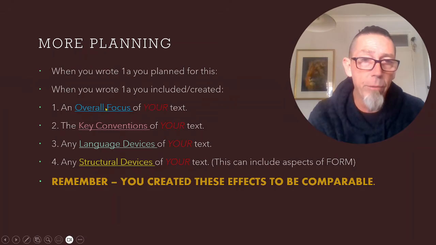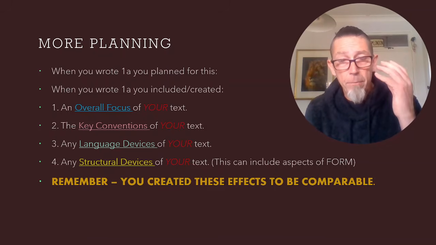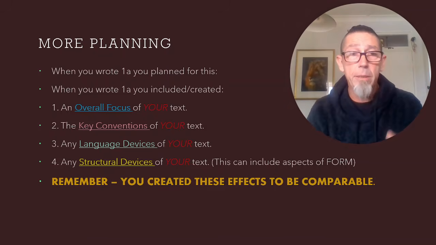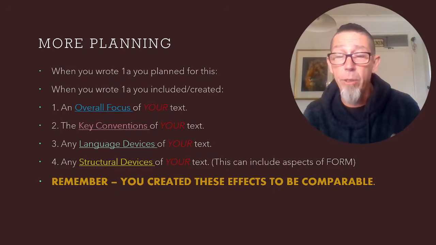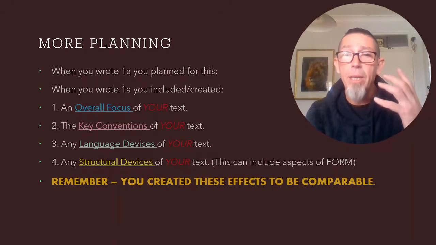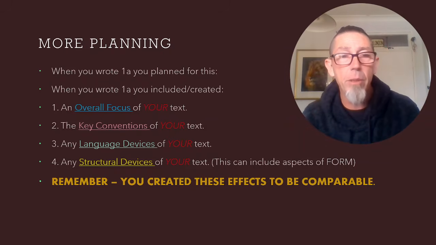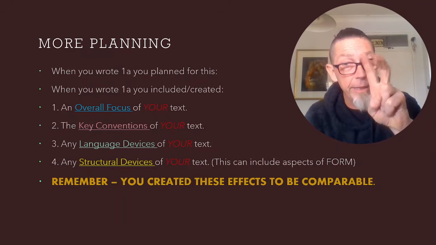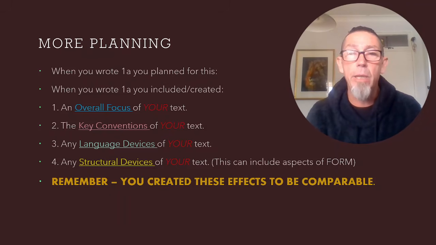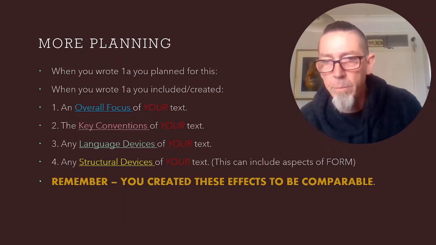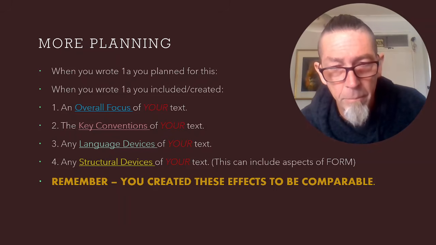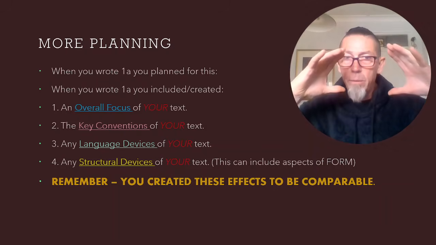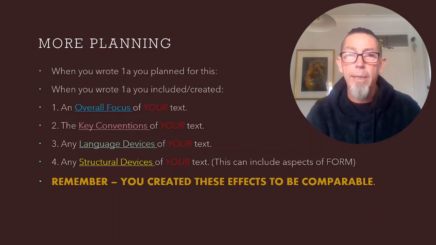It should have an overall focus for the original text and your text, the key conventions of the original text and your text, some language devices from the original text and your text, structural devices from the original text or your text. It can include aspects of form as well. Okay, so that is basically what your structure is going to look like.